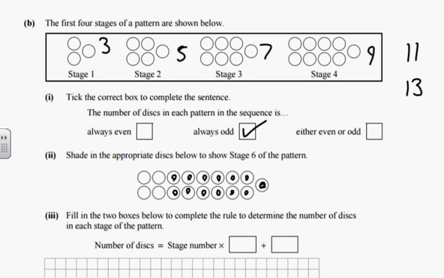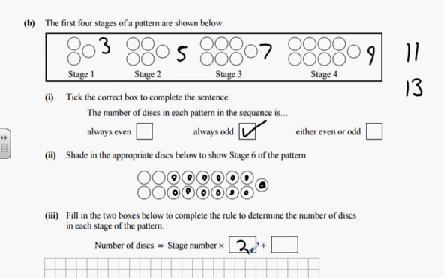There's a gap of 2. Would you agree there's a gap of 2 each time? Every single time you go up 1, it's worth 2. So it'd be the stage number multiplied by 2. If that was a gap of 3 every time, it'd be stage number multiplied by 3. Everybody cool with that?